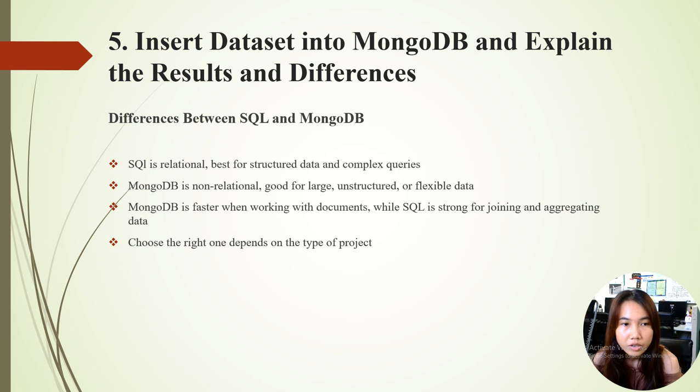SQL is a relational database, best for structured data and complex queries. MongoDB is a non-relational database, good for large, unstructured or flexible data. MongoDB is faster when working with documents, while SQL is strong at joining and aggregating data. Choosing the right one depends on the type of project.